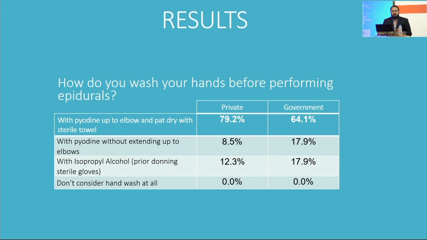When asked about povidone-iodine, whether they used it up to the elbow and patted dry with a sterile towel, 79.2% of participants from private institutes said they used this method, and 8.5% did not extend it up to the elbows. 12.3% used HexiPrep. In the government setup, 64% extended up to the elbow, approximately 18% did not extend up to the elbow, and 18% also used HexiPrep.